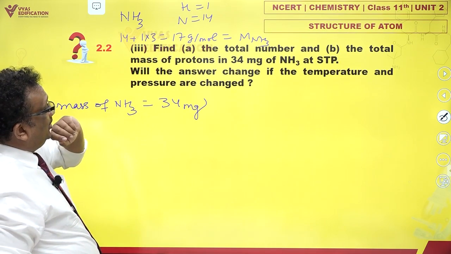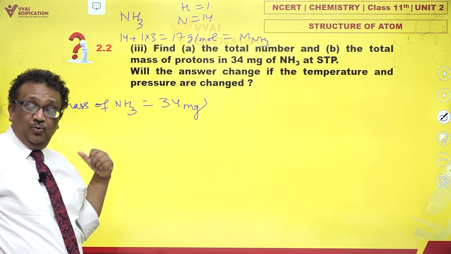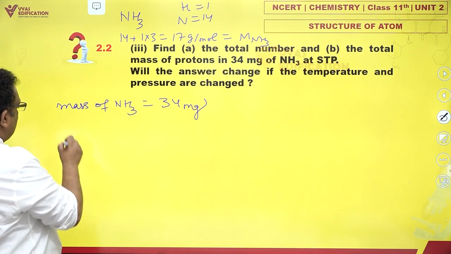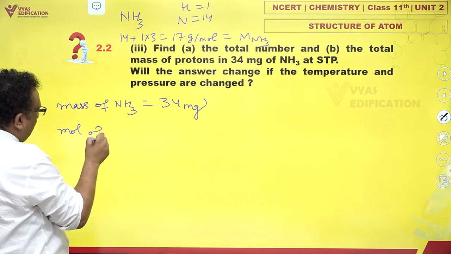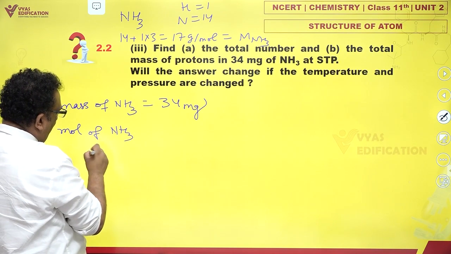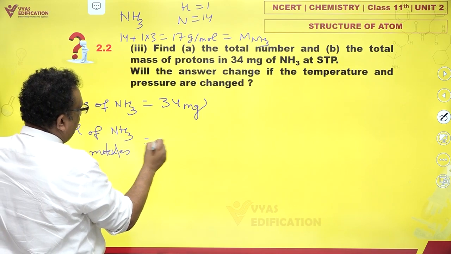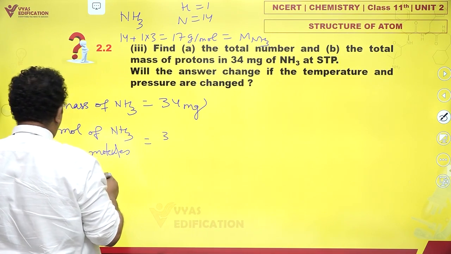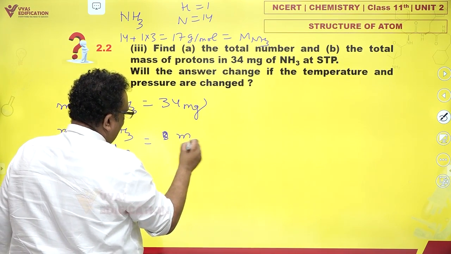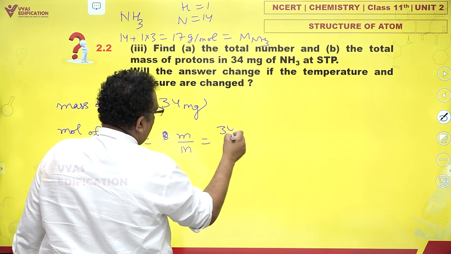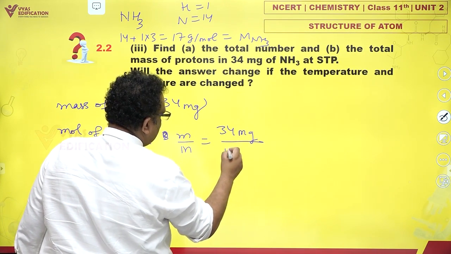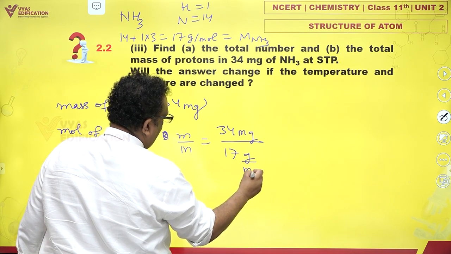Can I find the number of moles of ammonia? Yes. So, moles of ammonia molecules, by formula, would be mass by molar mass, which is 34 milligrams divided by 17 grams per mole.